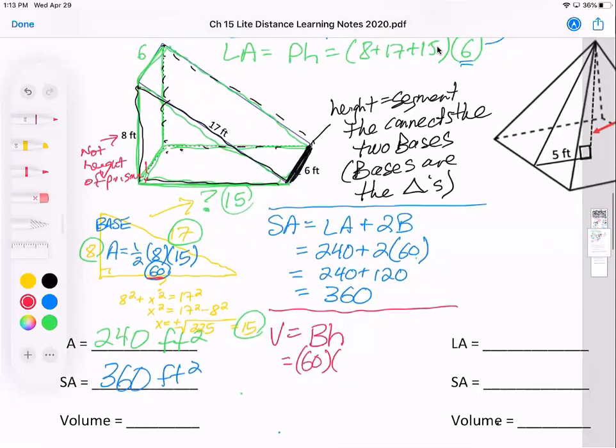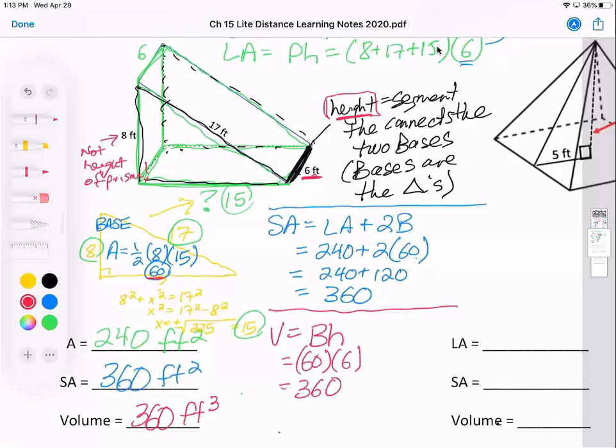The height of the prism is this length that connects the two bases, 6. So the volume would be 360 square feet, or sorry, cubic feet.